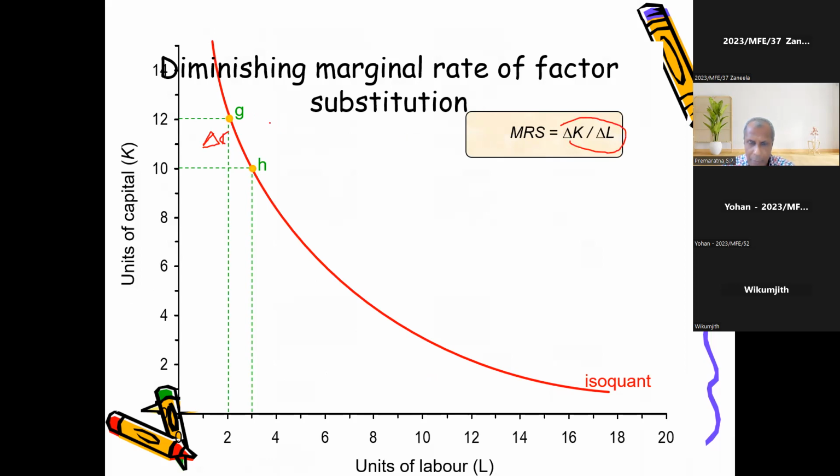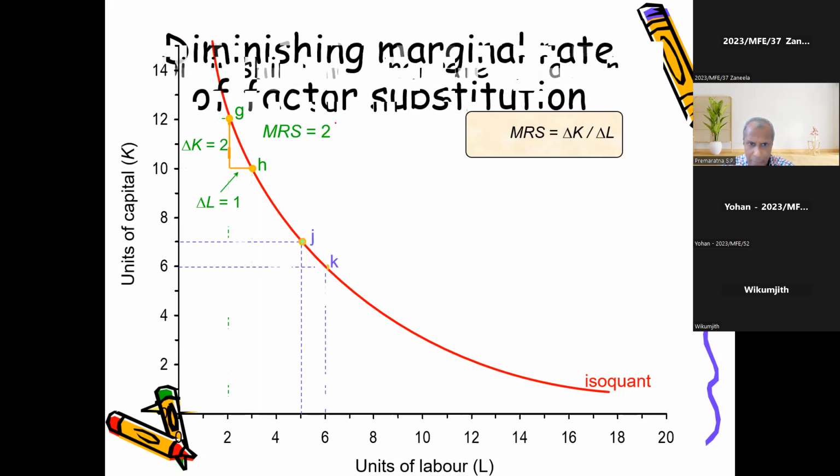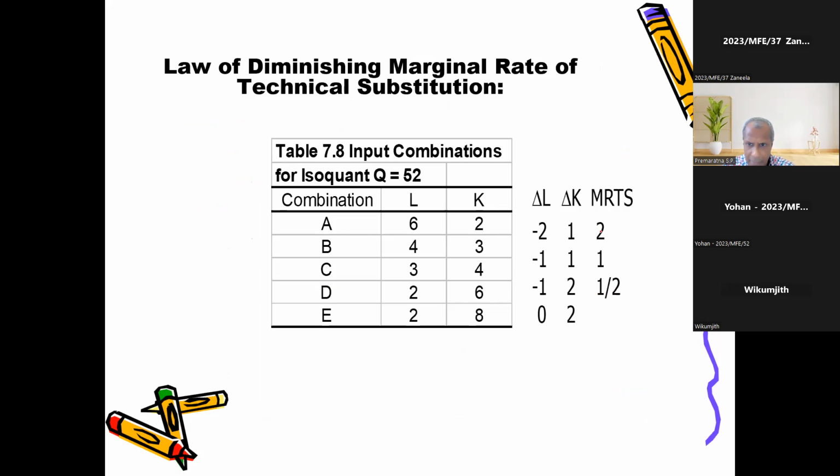And the fourth important point is that the MRTS is decreasing when you go along the isoquant curve downward. For example, here you can see MRTS is 2, somewhere below, if you measure, for example, here MRTS 1, and likewise going down, it's reducing.